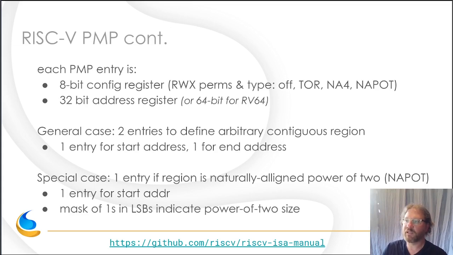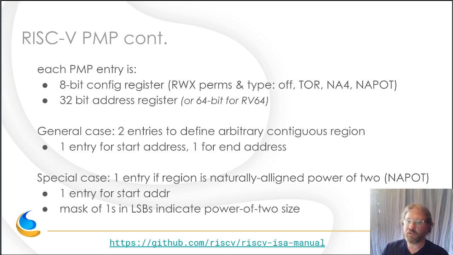We'll get into that in a little more detail, because a few of those are relevant to our implementation here. So that's the config register, and then there's a 32-bit address register that's used to define the address of the region. Depending on the type, that address is used in different ways. That's a 32-bit address register on the cores that we're talking about for this project, but of course for RV64 designs, that would be a 64-bit address register.